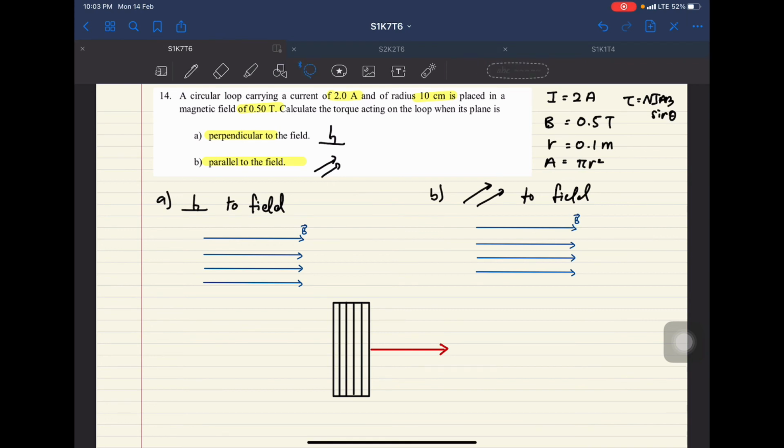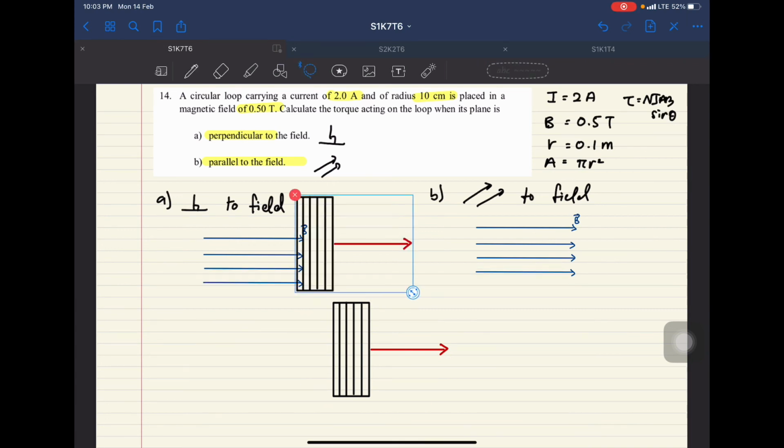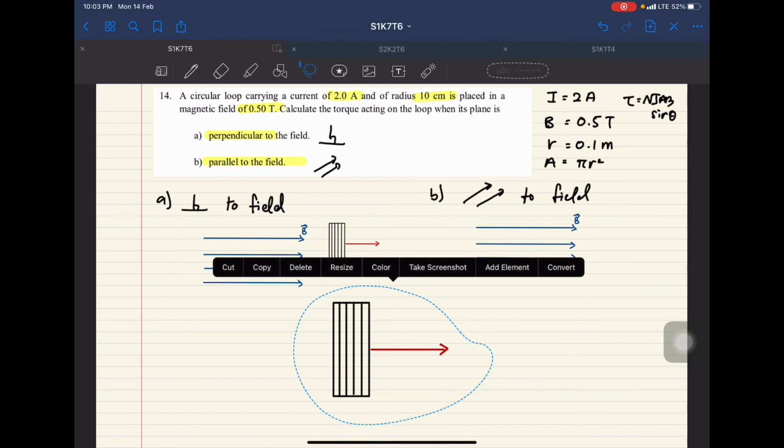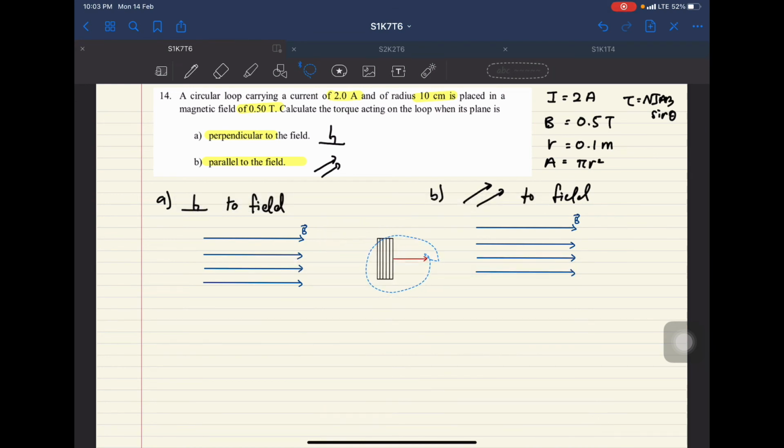Okay, so let's say if I try to draw this one inside the magnetic field there. Okay, for when the plane is perpendicular to the field, what it means is that the plane is actually sitting like this. So the plane itself is perpendicular to the field. So this is the plane, right?